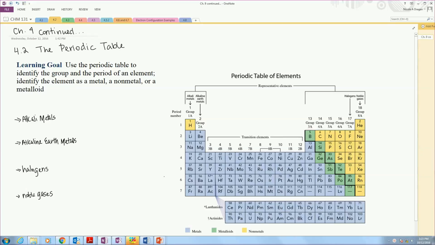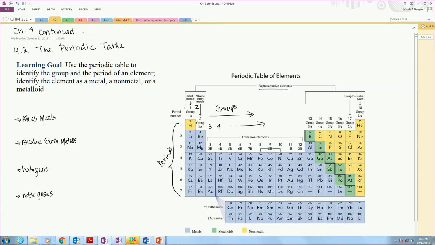So our horizontal rows in the periodic table are our periods. So these numbers 1 through 7 are the periods. And as we go across this way, each vertical column are groups. Okay, they're numbered 1, 2, 3, 4, and so on.